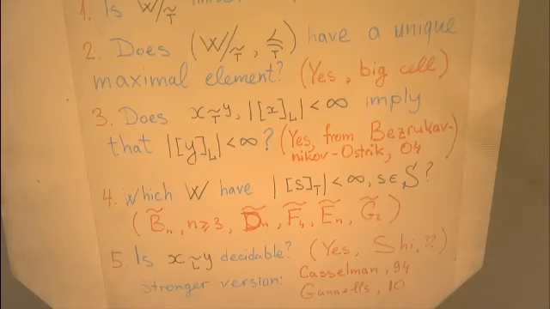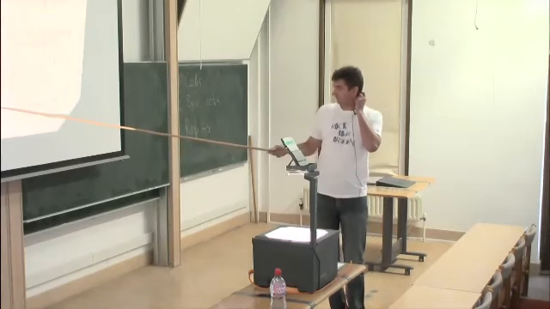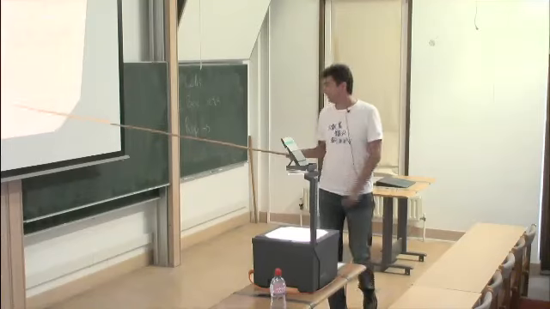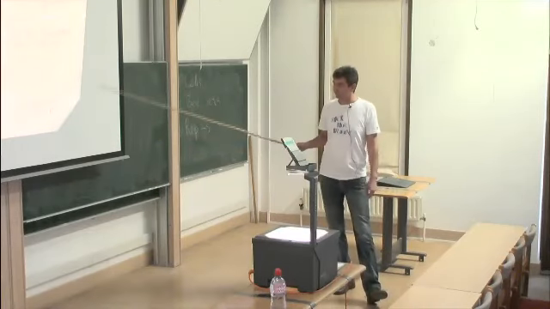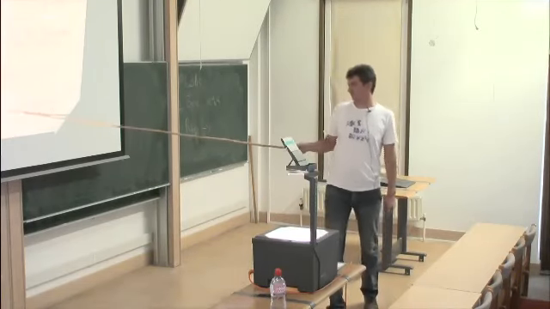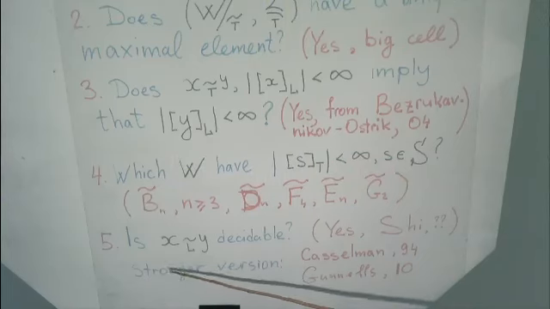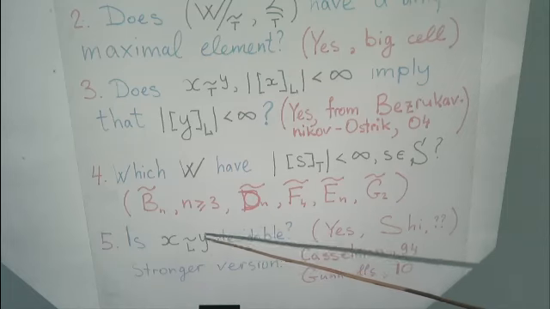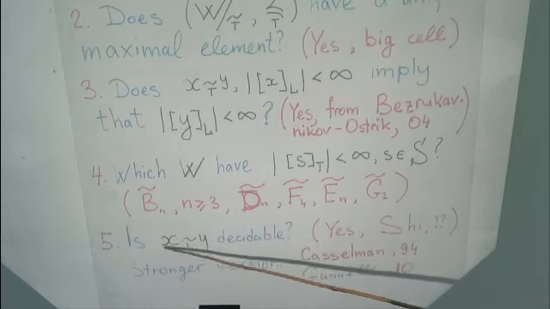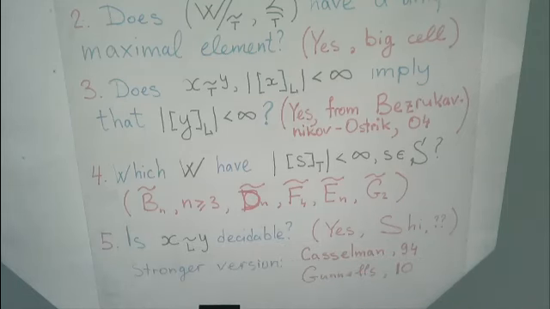And finally, is this equivalence relation decidable? There is a stronger question asked by Casselman in '94. Essentially, the conjecture of Casselman was that if you take minimal expressions of all the elements of the cell, they form a regular language.